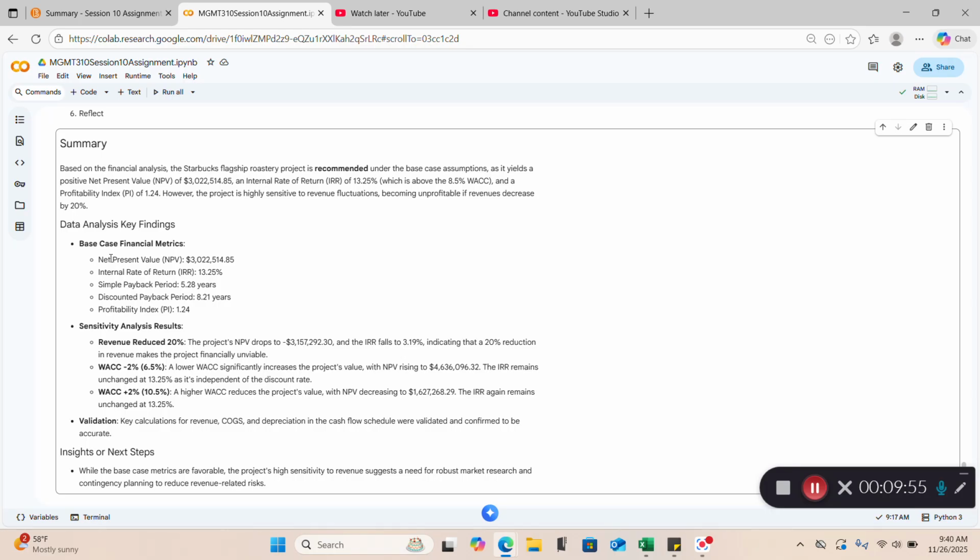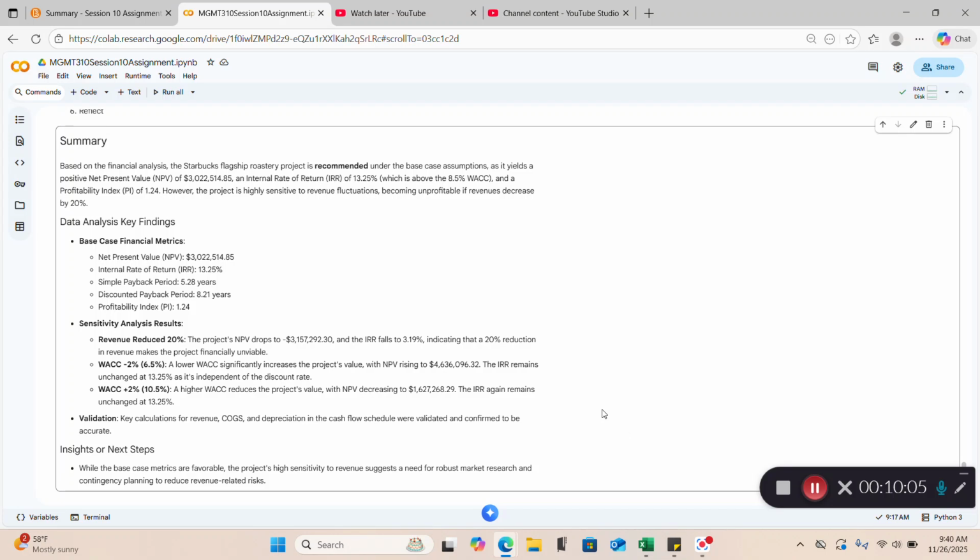I just wanted to list out here the key data analysis findings, just to have them listed and reiterated. The last thing would be insights or potential next steps with this reflection. These metrics are actually favorable. The project's high sensitivity to revenue suggests a need for more robust market research and a strategic plan to reduce revenue-related risks.